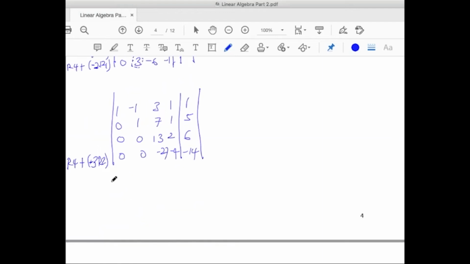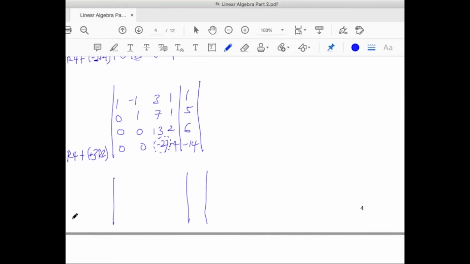Next we move to the coefficients. 3 is fine, 7 is fine, 13 is fine, so we move to -27. We need to change -27 to become 1.